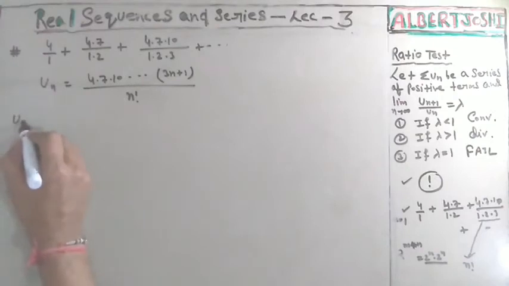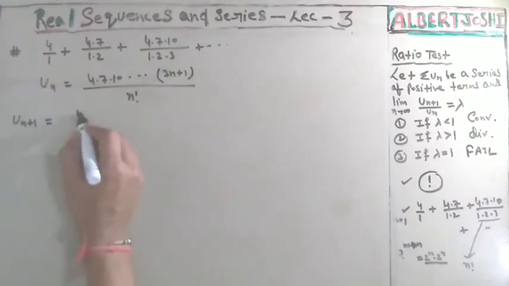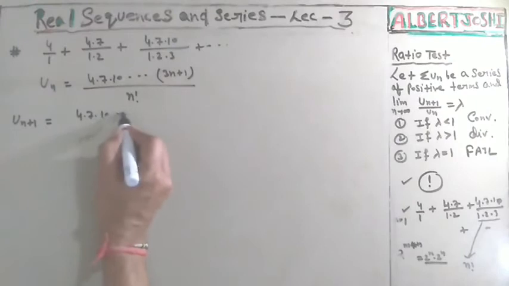What about un plus 1? Un plus 1 is equal to 4 into 7 into 10 up to so on.